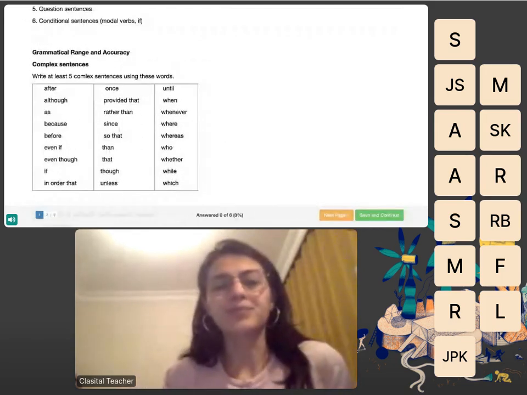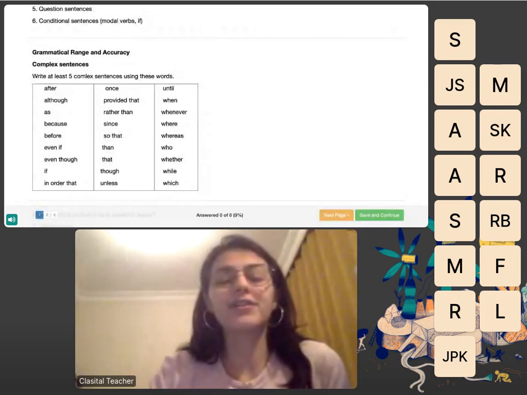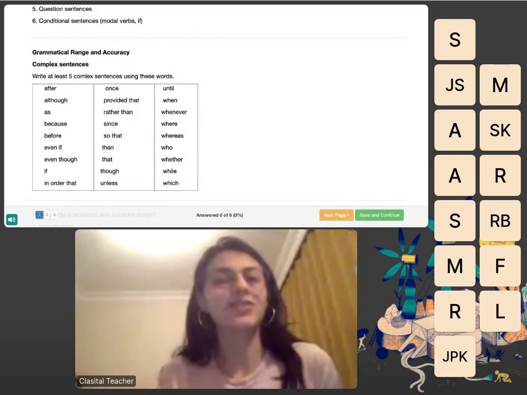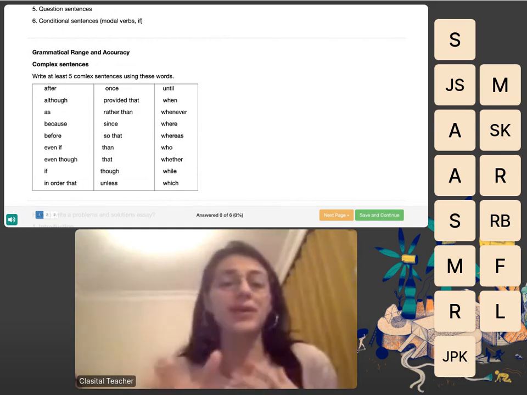And to get complex sentences, you need to use these in the table. So basically, to form complex sentences, you need to use different linking words, conjunctions that can also be used in place of each other.